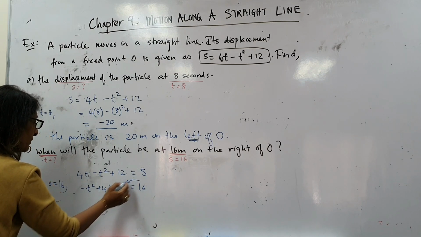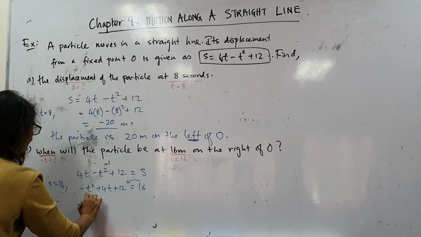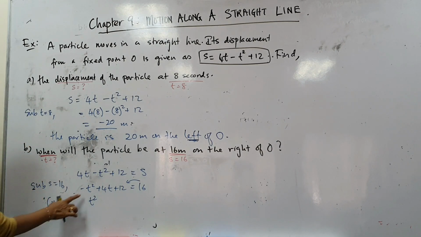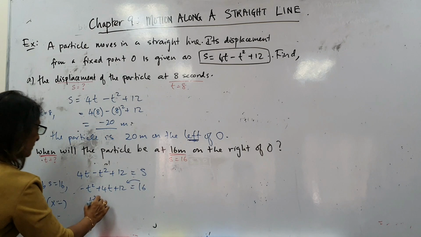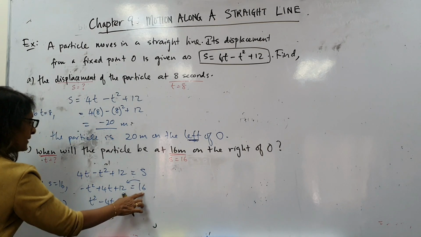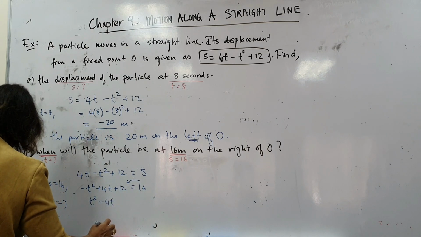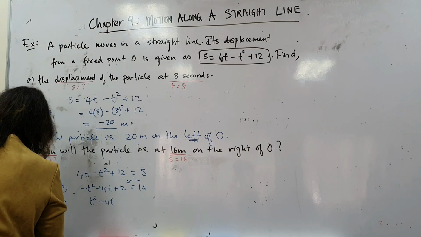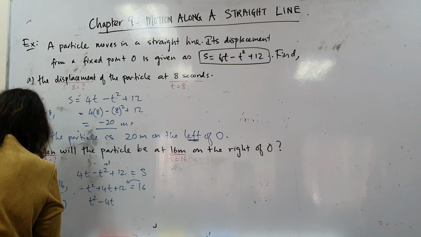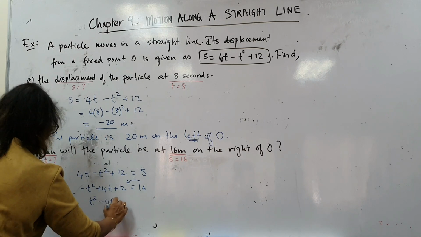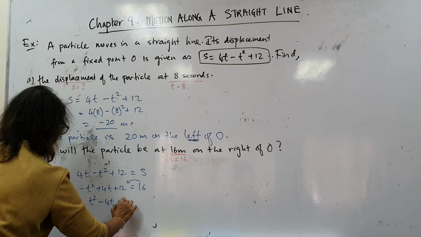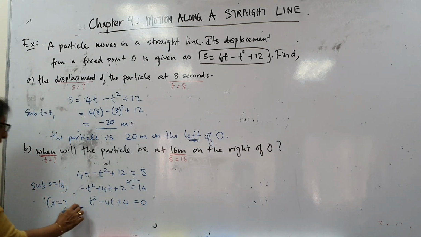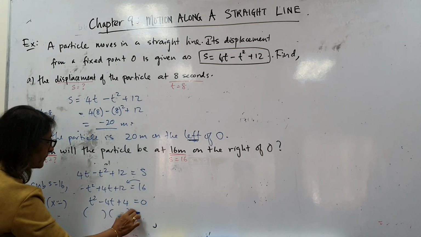Now I bring the 16 over here and I times everything by negative to make this positive. So it will be minus 4t. Now this one, when it comes to this side, it will become plus 4, to make a quadratic equation, so that now we can just factorize it.